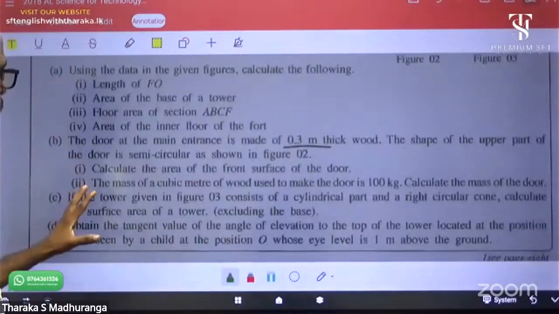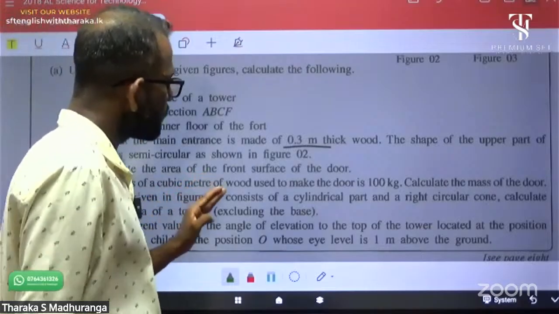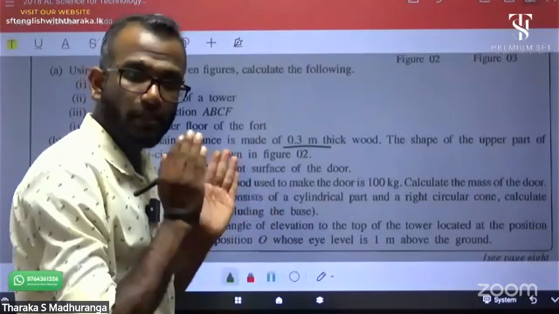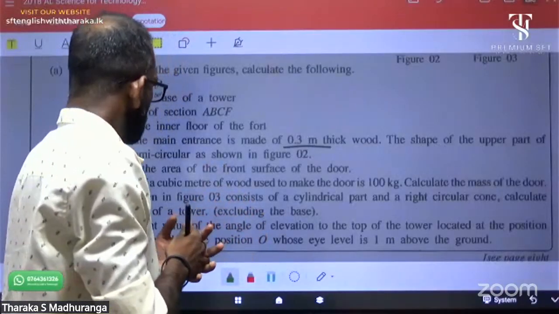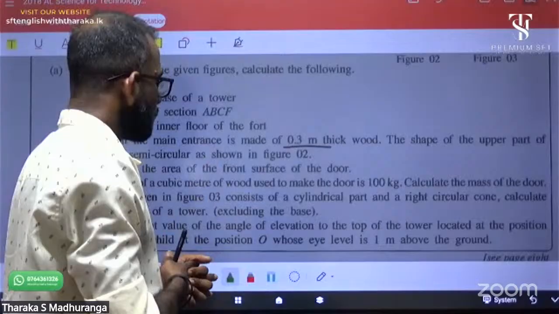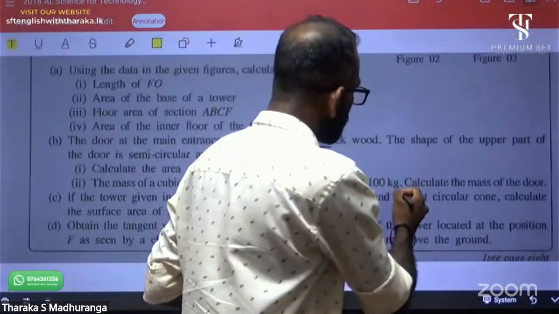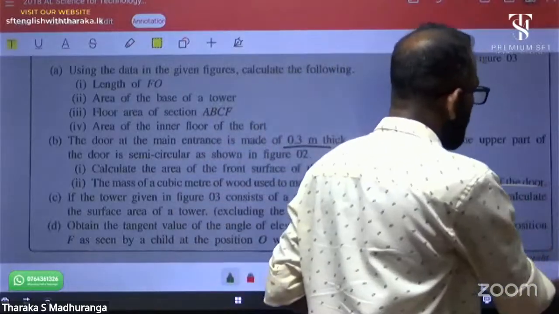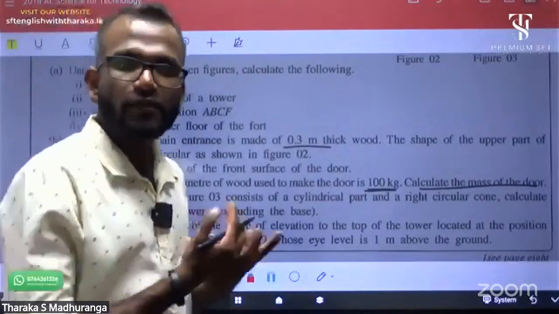Okay, let's move into the next one. The mass of a cubic meter of wood, cubic meter, not square meter, used to make the door is 100 kilogram. Then calculate the mass of the entire door.